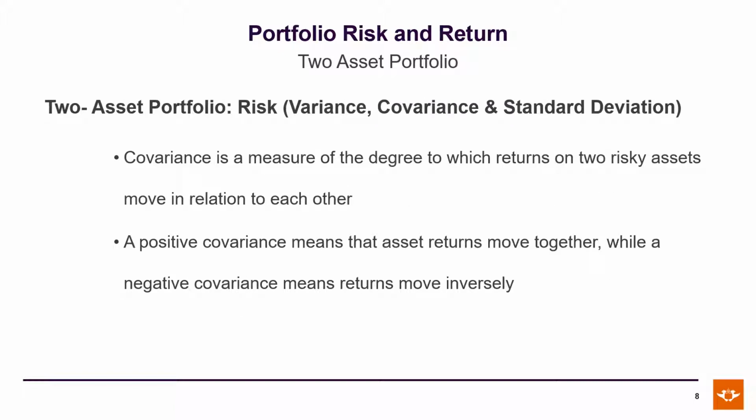So what is covariance? We mentioned it in the definition of the variance. And it's a very, very important concept. Covariance is a measure of the degree to which returns on 2 risky assets move in relation to each other. A positive covariance means that assets' returns move together, while a negative covariance means that they move in the opposite direction to each other or inversely.